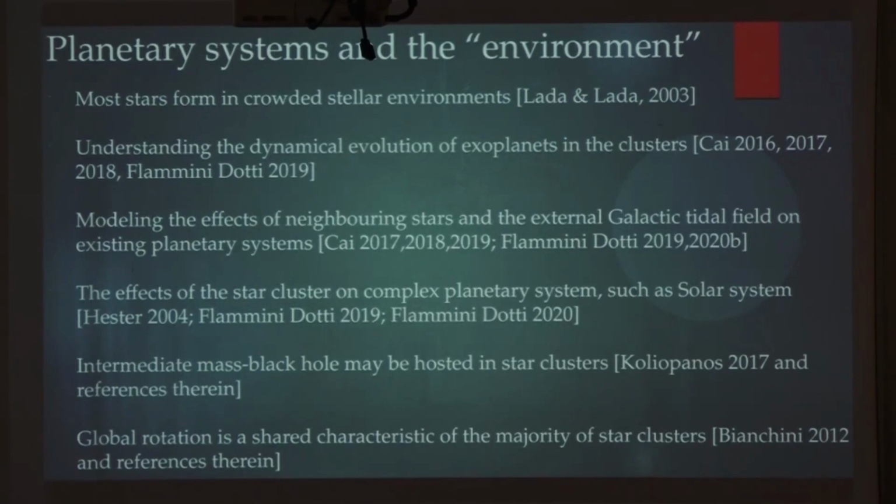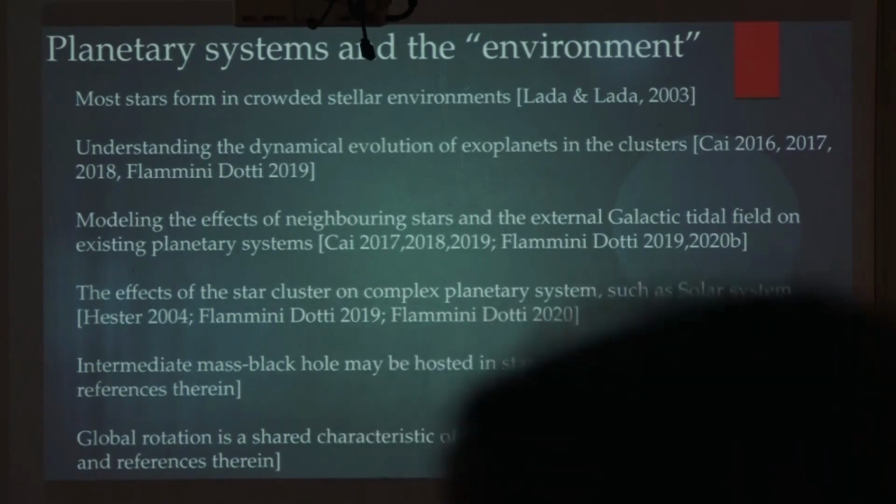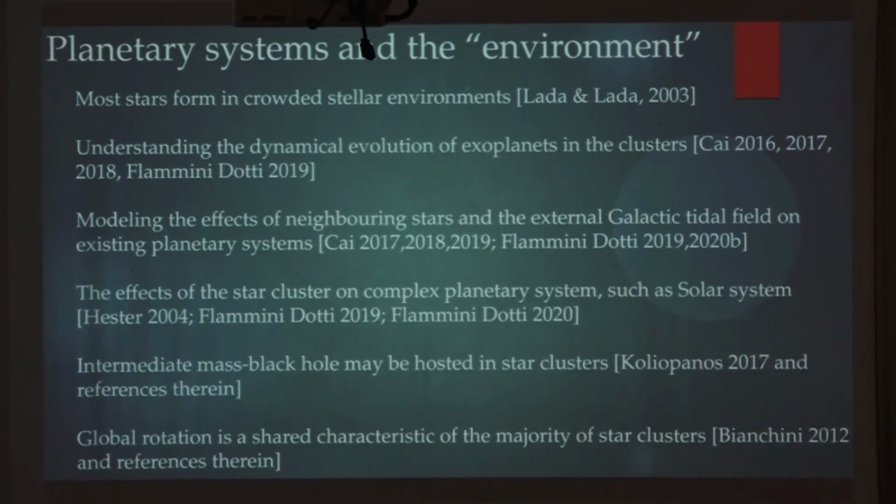Therefore, we basically create exoplanets in planetary systems because we have not found so many, as we will see in a little while. What we do is to model the effect of neighbor stars and the external galactic tidal field on this planetary system, along with the internal and external tidal potential that is given by the core of the star cluster and the galaxy that hosts the star cluster itself.